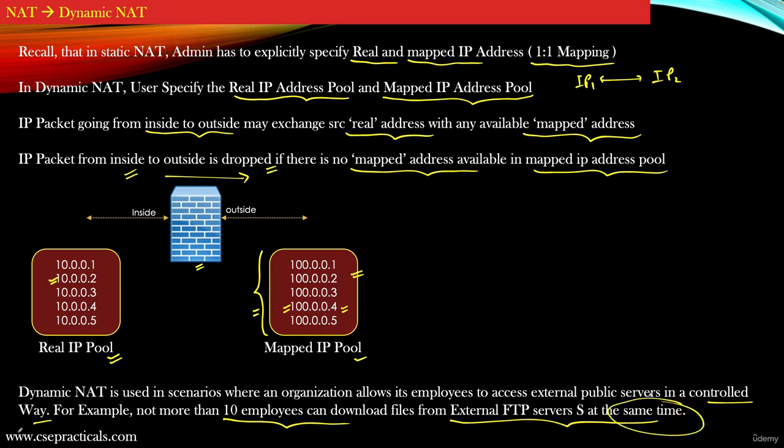So at the same time is a key. An organization does not want to put a lot of pressure on its internal network infrastructure if all its employees wish to download a certain file from an external FTP server, right? It can put too much strain on the intranet of the XYZ organization.